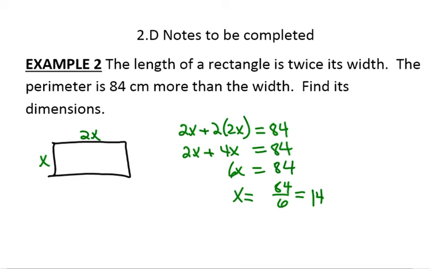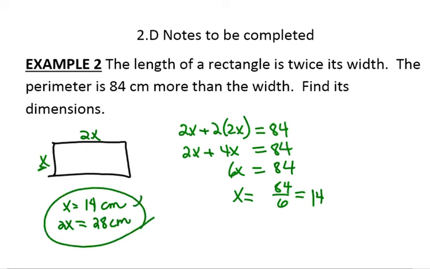So x is equal to 14. So my dimensions then, the width here is going to be equal to 14 centimeters, and the length is going to be 2 times that, so it's going to be 28 centimeters. So those are my dimensions. This is length, this is width, and this is length right there.